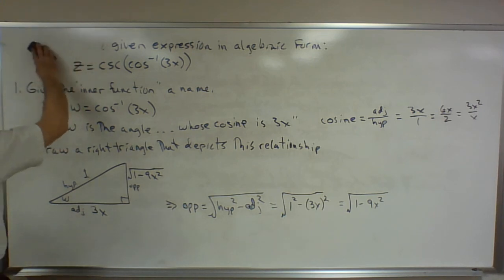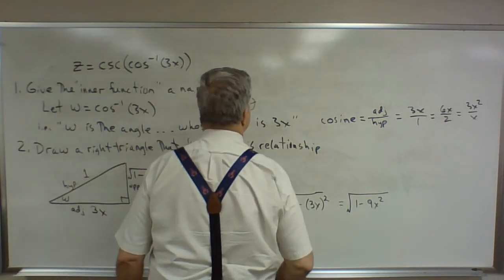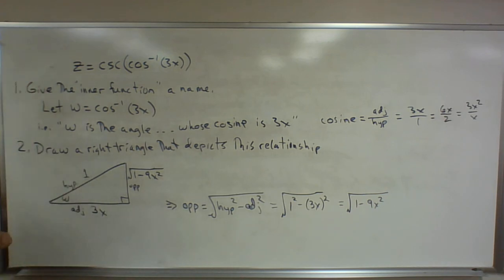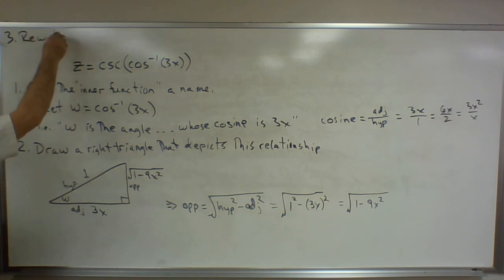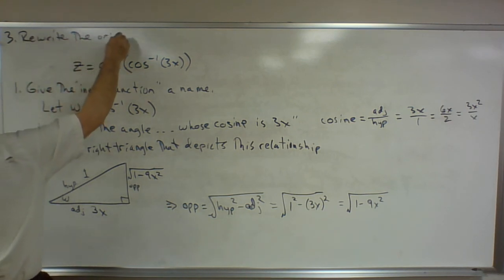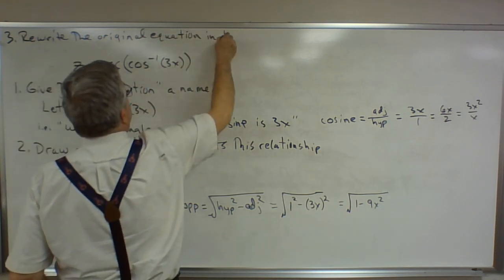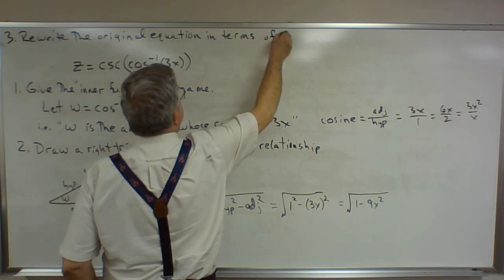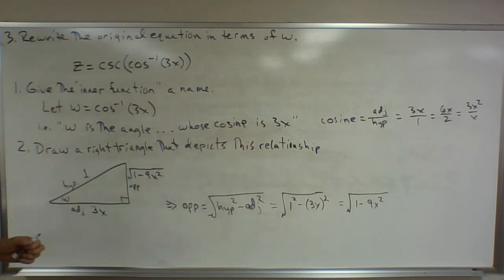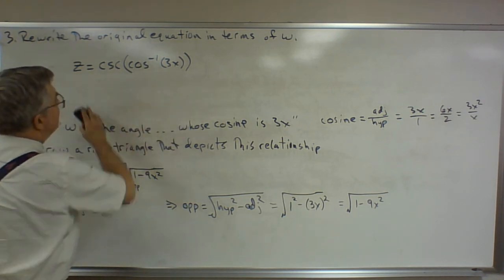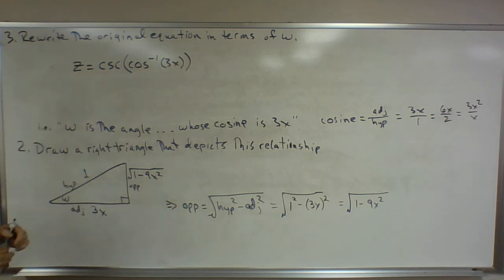And on we go to step 3. What was step 3? If you don't know, take a quick look at your notes. Step 3: rewrite the original equation in terms of w. And it just so happens we still have the original equation up here.